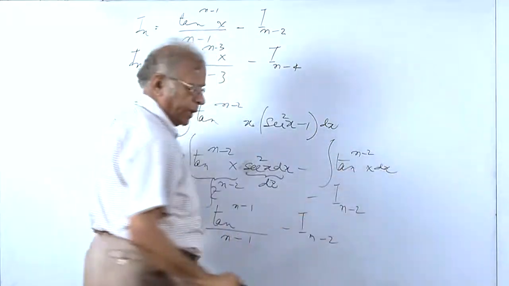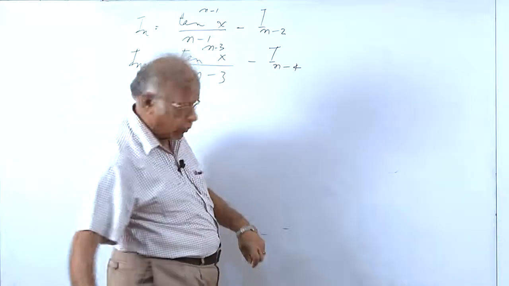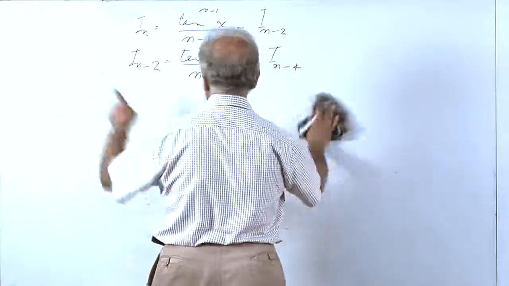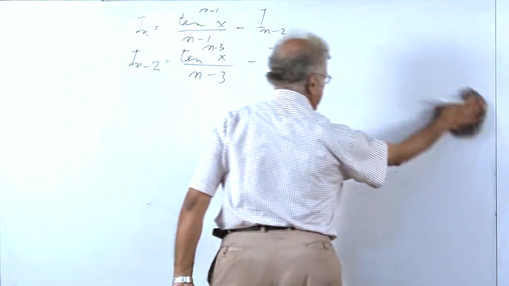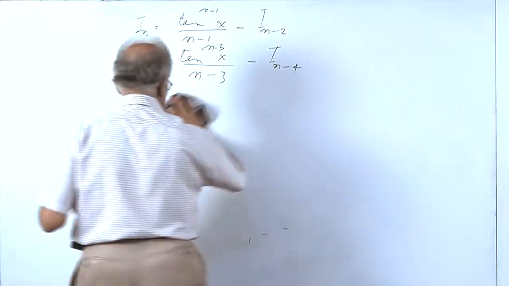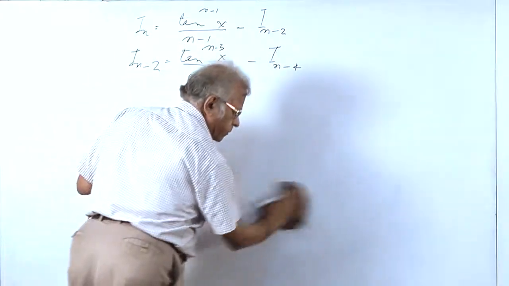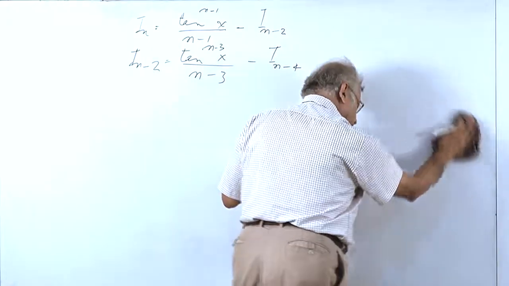Every n is replaced by n minus 2. This ultimately would give us an expression for I sub n in terms of I sub n minus 4. So there are 4 reductions in the index, n to n minus 1, n minus 2, n minus 3, n minus 4.